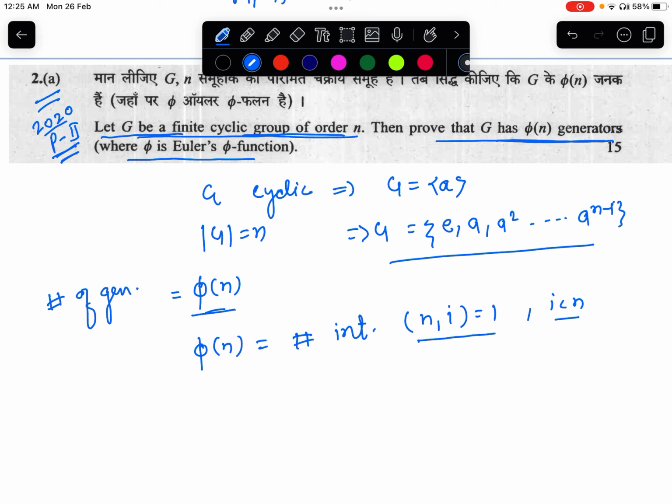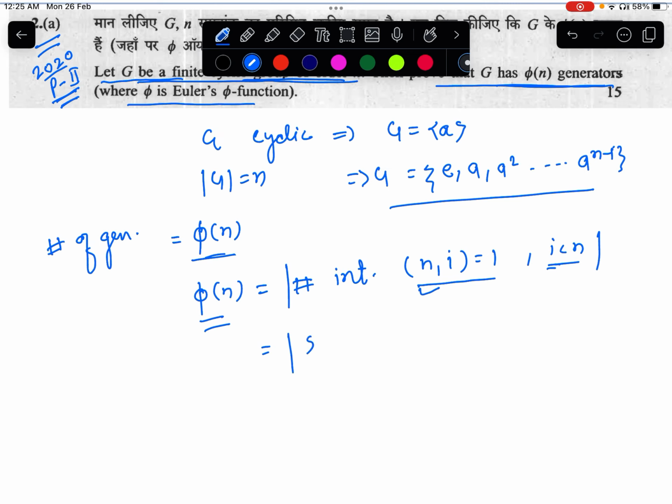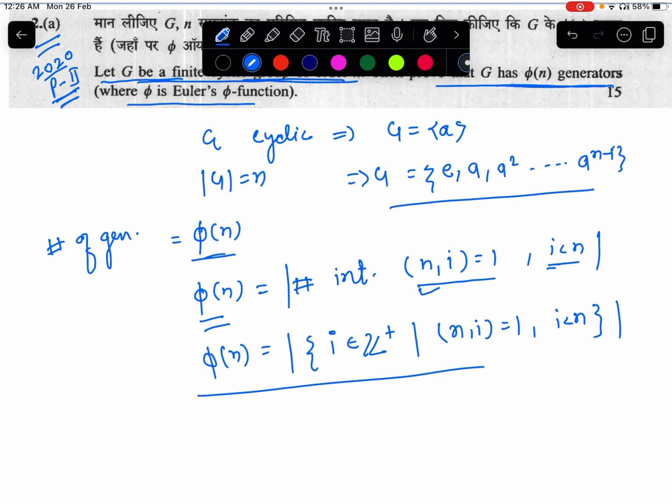That means I is relatively prime to n and I is a positive integer. Then the cardinality of this set is equal to phi n. That is the Euler phi function. Euler phi function is defined as I belongs to positive integers such that GCD of I with n is equal to 1 and I is less than n. This is how phi n is defined.